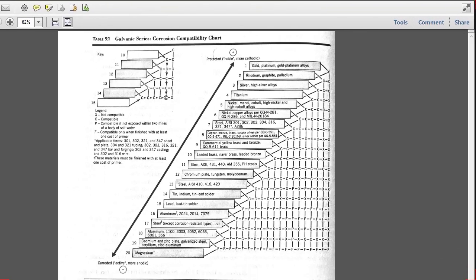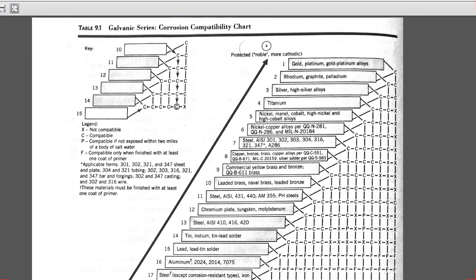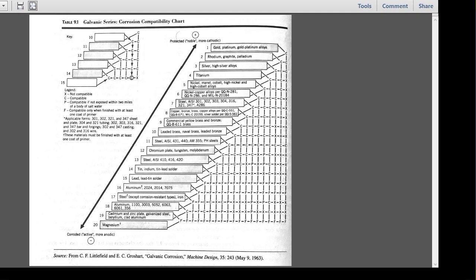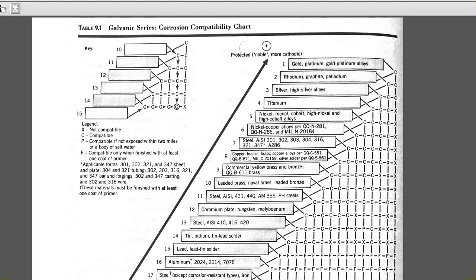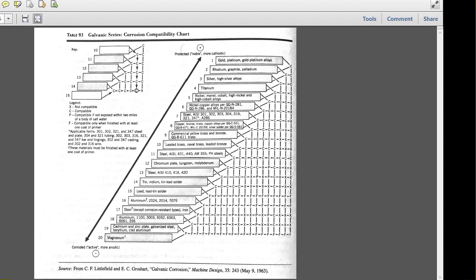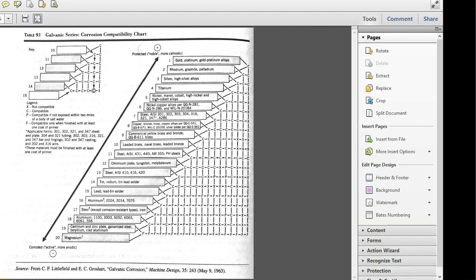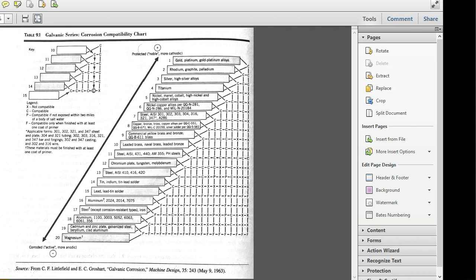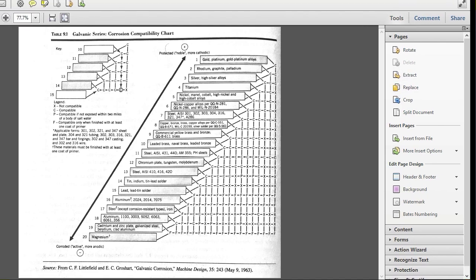So if we look over here at the galvanic series for materials, we can see, sorry, bear with me. Alright, so basically we have materials that are called noble.